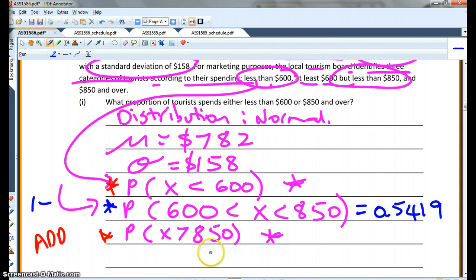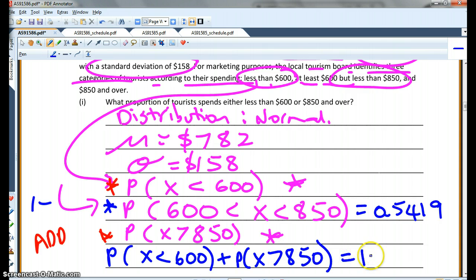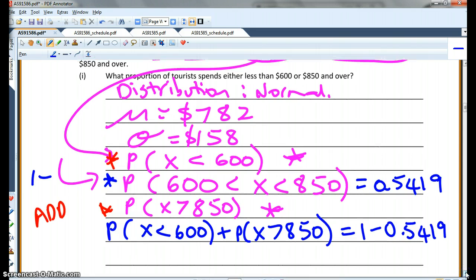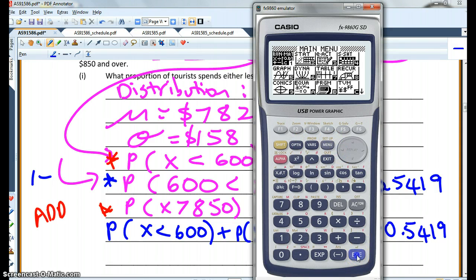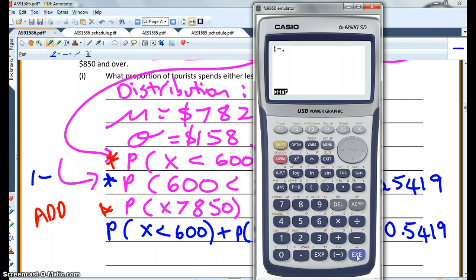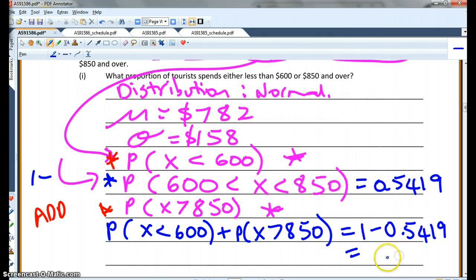Okay, and so our probability that X is less than 600 plus the probability that X is greater than 850 equals 1 minus 0.5419, which equals 0.4581.